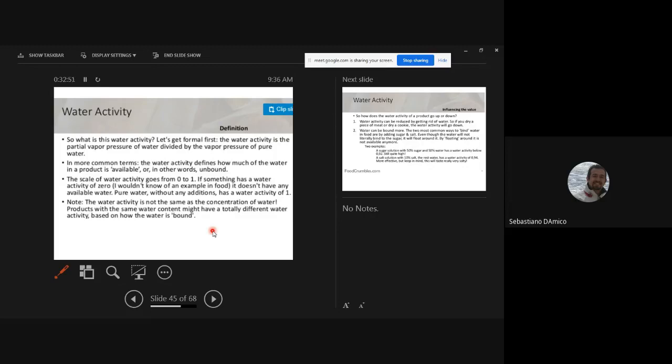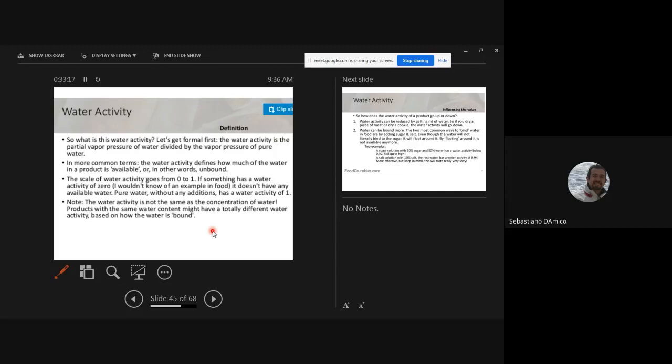If something has a water activity of zero, it doesn't have any available water. I wouldn't know of an example of food. Pure water without any addition has a water activity of 1. So those are the two extremes on this scale.